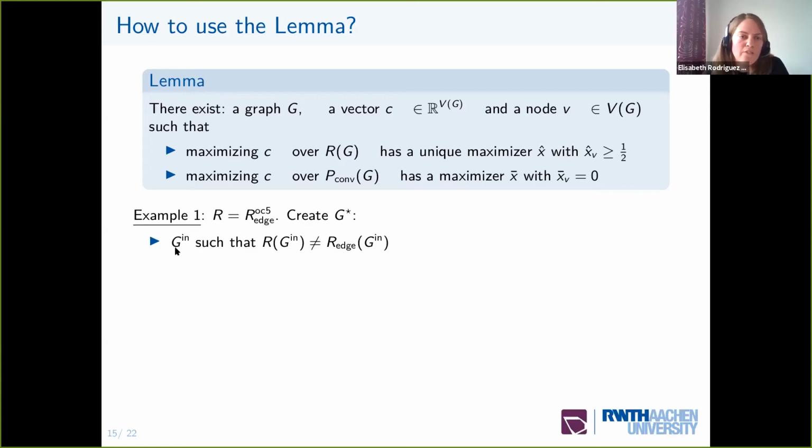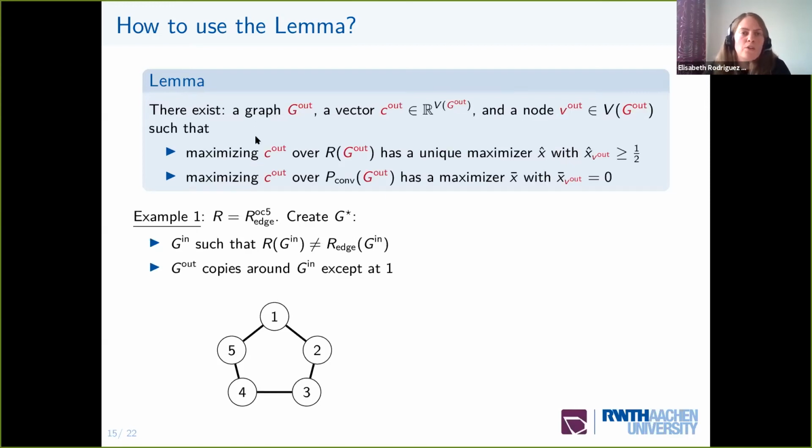Such a graph exists because the other hypothesis of the only if part was that R is not equivalent to the edge formulation. For this example, we can consider the odd cycle of length 5. In this case, R of G in will contain all the edge inequalities and the odd cycle inequality of length 5. Here we only have the edge inequalities, so the polytopes are different.